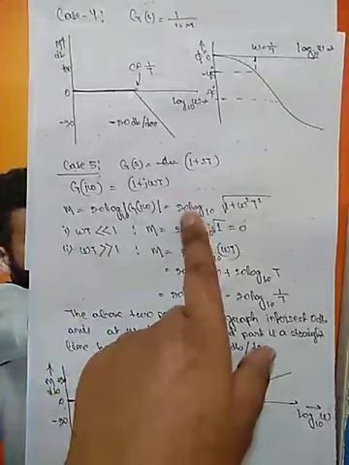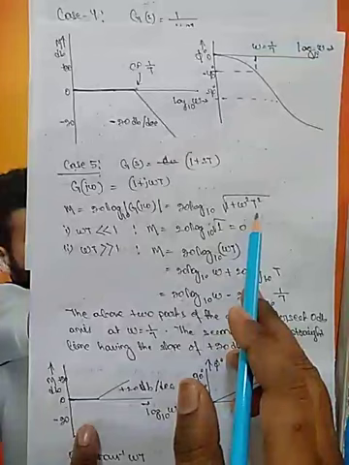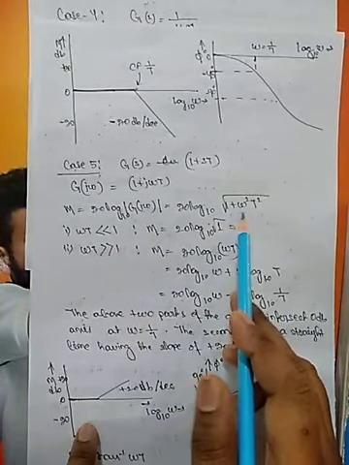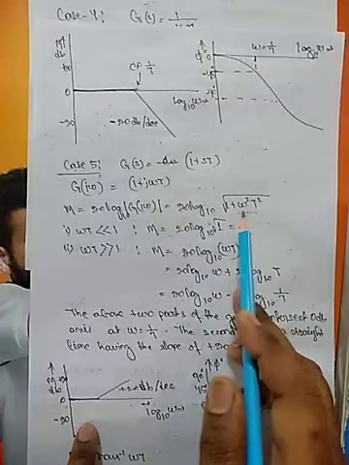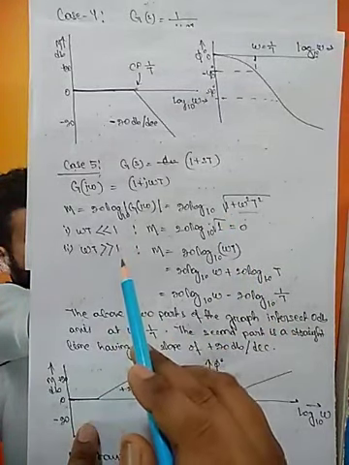Magnitude is plus 20 log 10 of the square root of 1 plus omega square T square. Here again this consists of omega T, which may be less than or greater than 1.